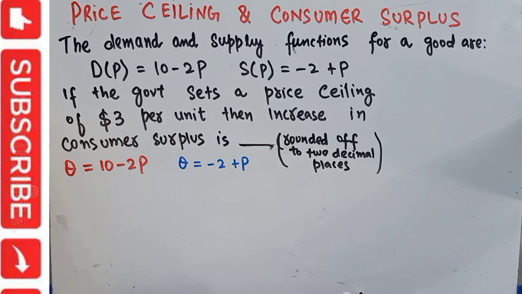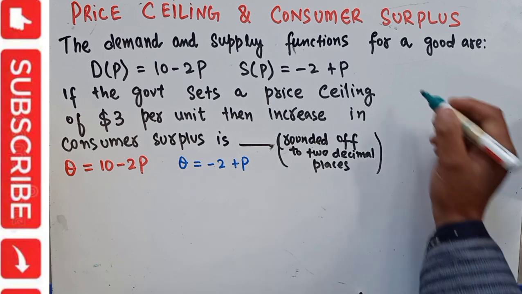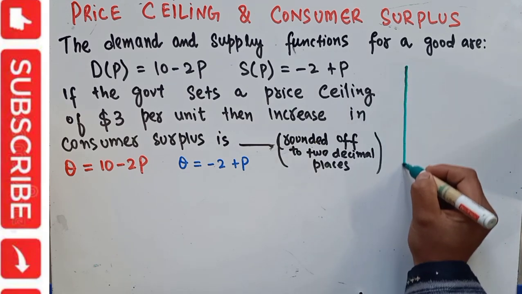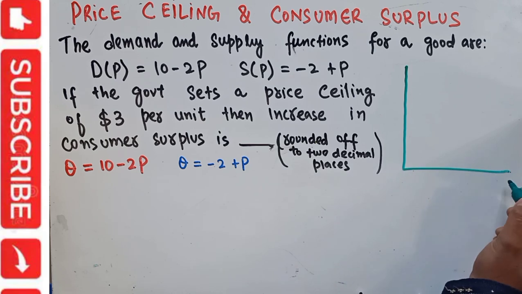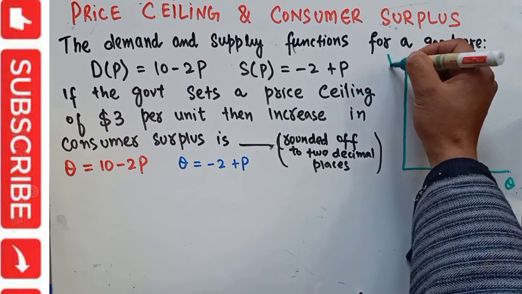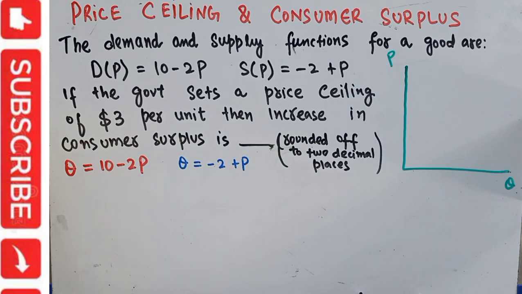Let's first try to draw the graph of this demand and supply function. Very simple thing. We have quantity on the horizontal axis and price on the vertical axis. Let's first plot the demand function.